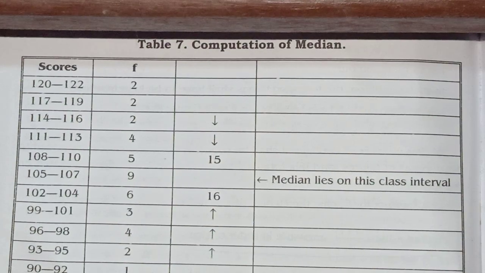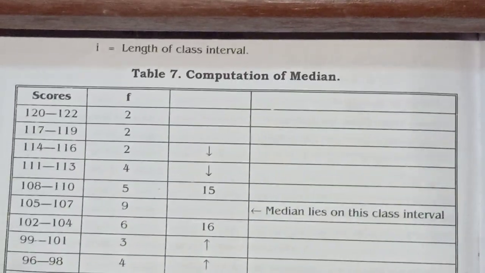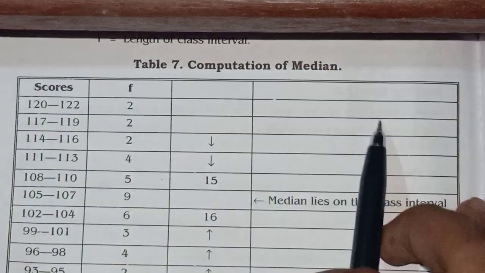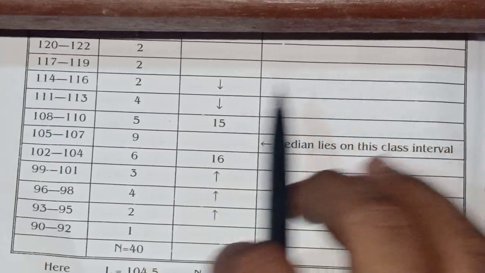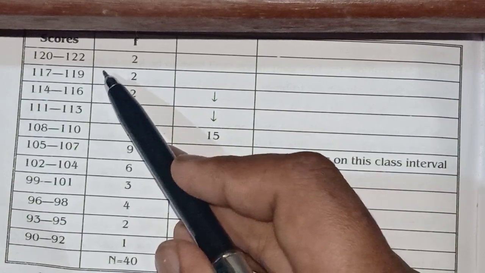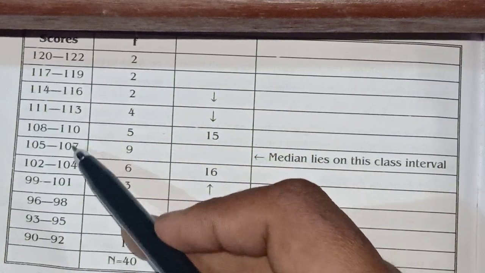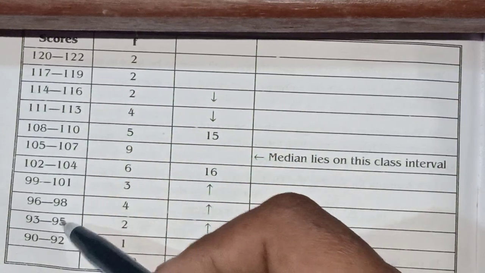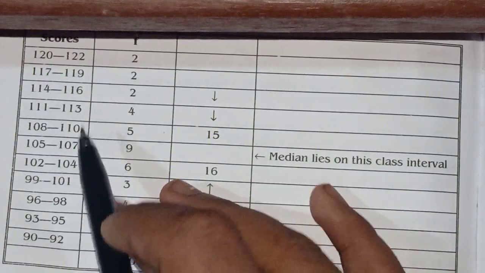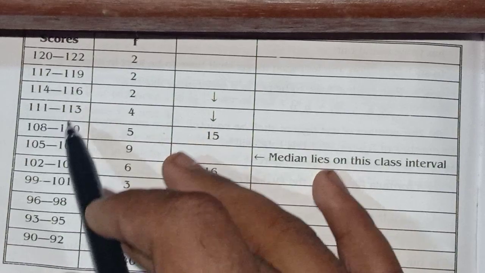In class intervals, there are many class intervals. What is the number of class intervals? 1, 2, 3, 4, 5, 6, 7, 8, 9, 10, 11. What is the fifth class interval here? 1, 2, 3, 4, 5.